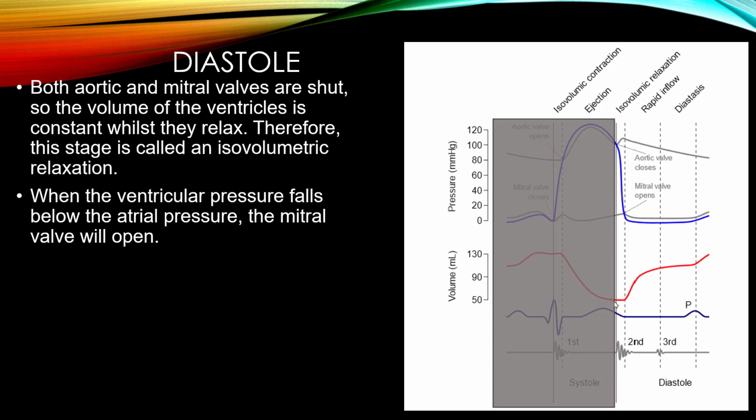Here you can see this is the isovolumic relaxation, and there is no change in the volume of the ventricle, because the ventricle has pumped its blood and has come to its lowest level, and when it relaxes, there is no flow of blood from the atria or aorta to the ventricle. So during this relaxation, the volume of the ventricle remains constant. So this is called isovolumic relaxation.